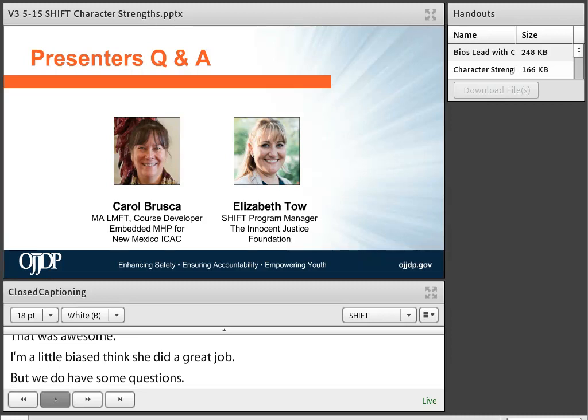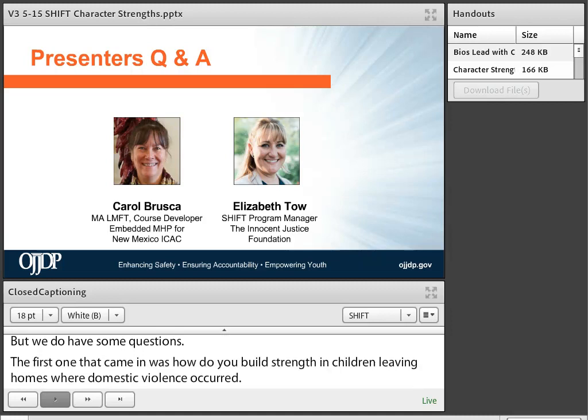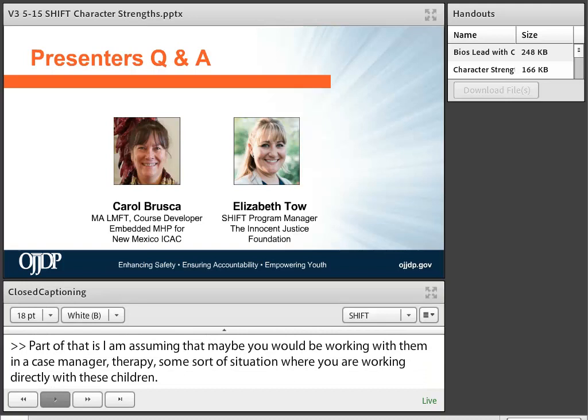Okay, so part of that is, I'm assuming if they're children leaving domestic violence situations, then maybe you would be working with them in a case manager or therapy situation, where you're working directly with these children. If that was the case, then I would say if you're a clinician or someone working with them, you might already be able to see the strengths that the child has. So maybe one of the strengths that the child has is perseverance.